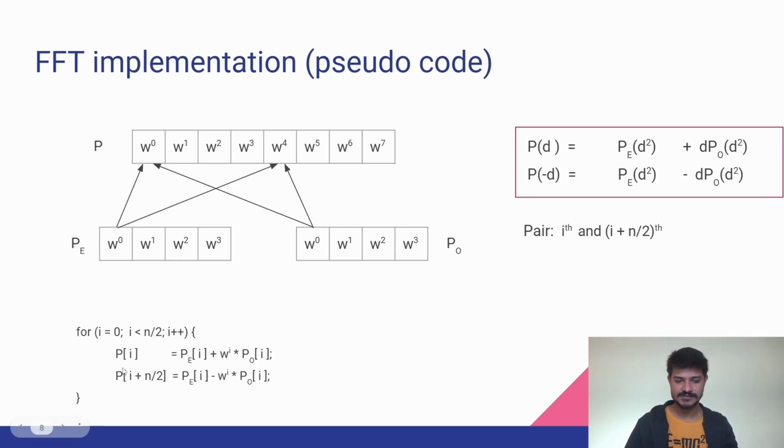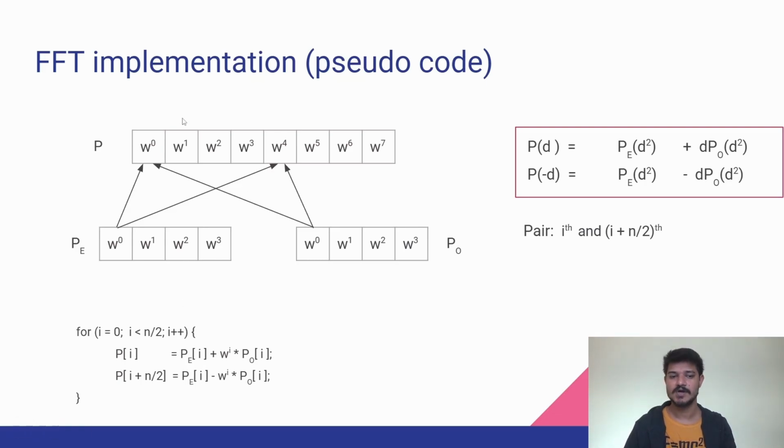Now, these two are positive-negative pairs, and polynomial P is evaluated on the positive one using PE and PO with this formula: PE of i plus W raised to power i times PO of i, right? Why is W raised to power i? Because when i is equal to 0, P needs to be evaluated on W raised to power 0.